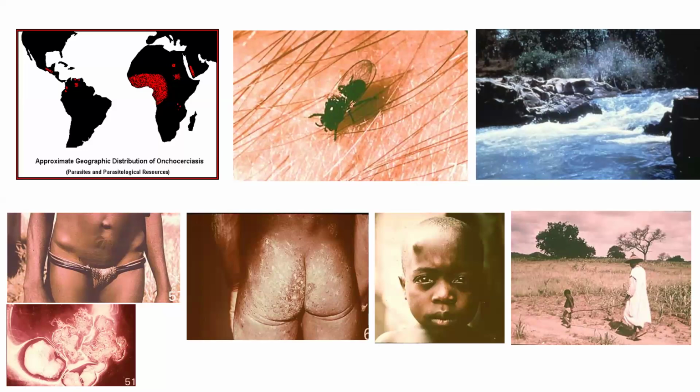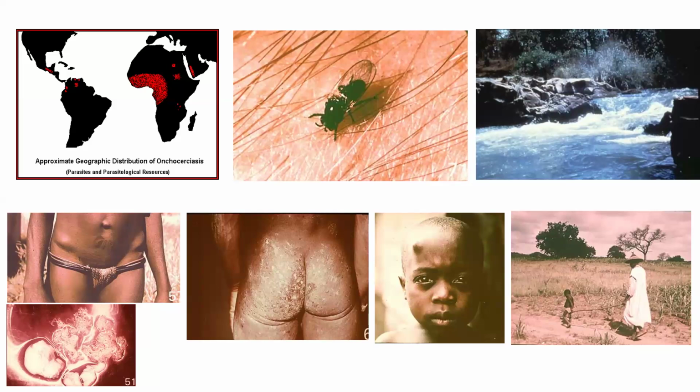They breed in fast-flowing upper waters of major rivers in West Africa, and the adults are transmitted by the black fly bites and congregate in nodules under the skin, subcutaneous nodules. You can see bottom left there.